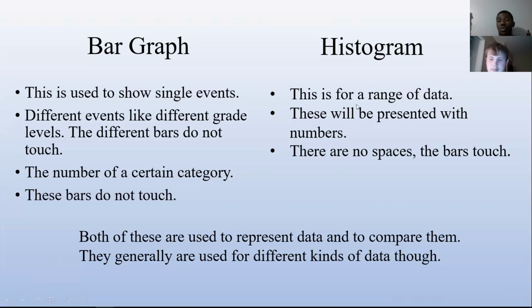It's more used, not always, but more used for a range of data. Now, these will be presented with numbers, and there are no spaces, bars do not touch. But at the same time, both of these are used to represent data and to compare them. So you can use both to represent and compare data, but they're generally used for different kinds of data. As in, the histogram is for range, and the bar graph is for single events.